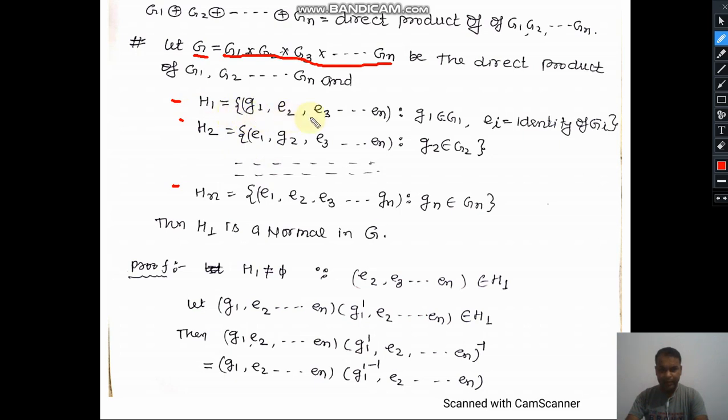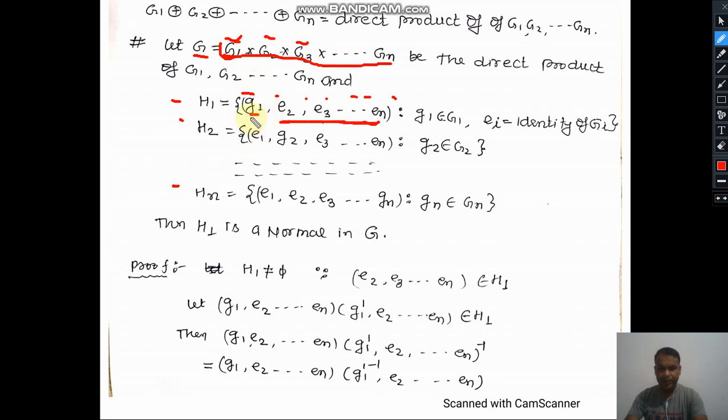It means you will take any element from the first group and the identity of the remaining, because in this ordered pair the first element belongs to the first group, the second element belongs to the second group, and the third element belongs to the third group. So in this fashion you will use the identity of the remaining groups, while you will take any element from this group G1 except identity.